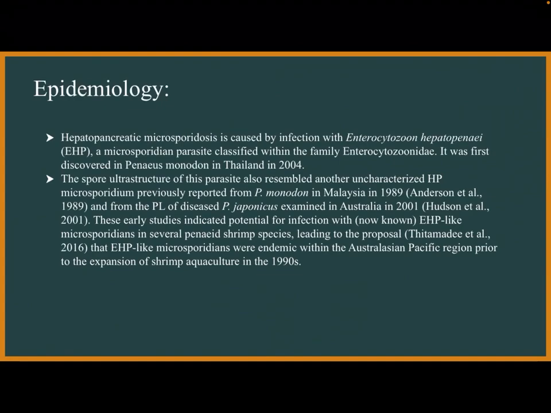Australia in 2001. The early studies indicated potential for infection with now known EHP-like microsporidians in several Penaeid shrimp species, leading to the proposal that EHP-like microsporidians were endemic within the Australian Asian Pacific region prior to the expansion of shrimp aquaculture in the 1990s.